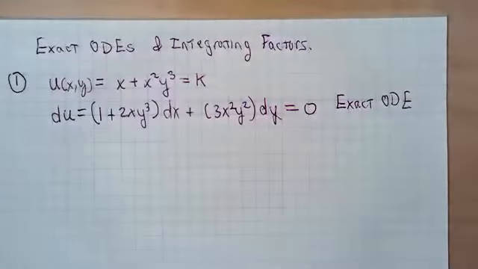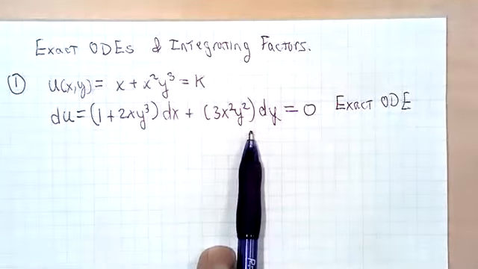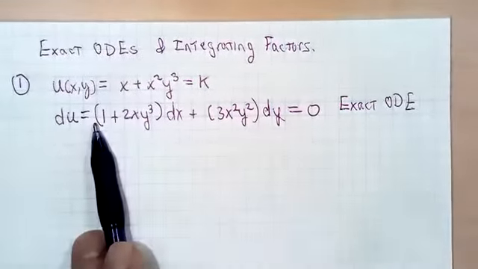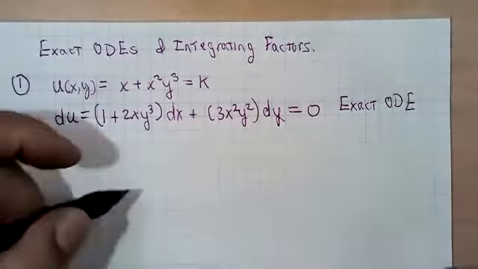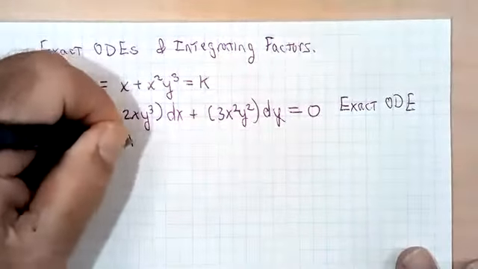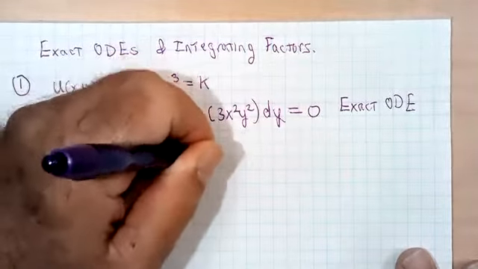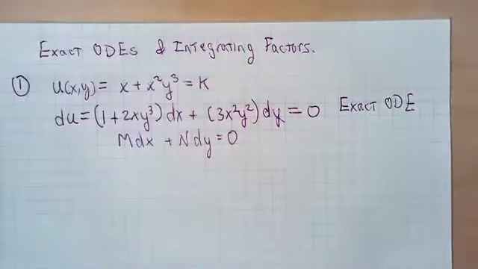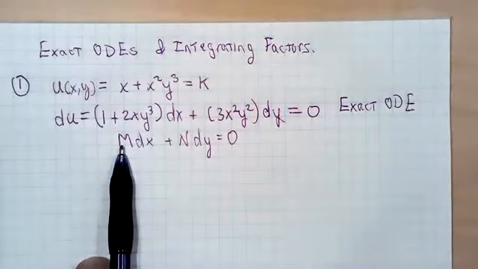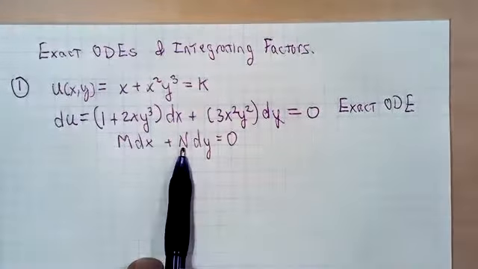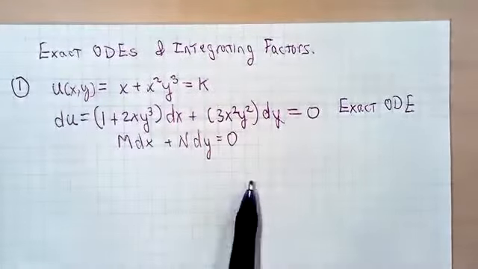An exact ordinary differential equation means that you have an equation that can be put in this form. The standard form, people usually say something like this: M dx plus N dy equals 0, where M is the partial derivative of u with respect to x, and N is the partial derivative of u with respect to y.